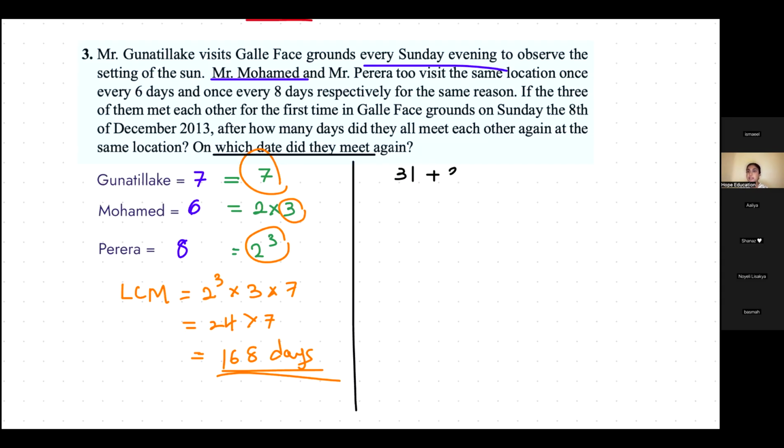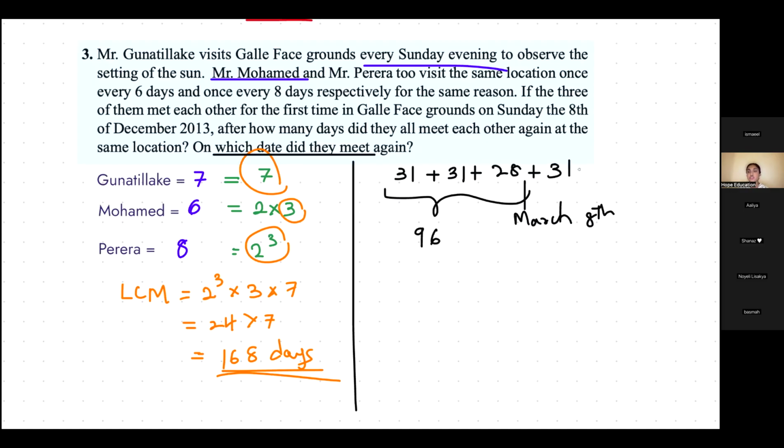February 8th to March 8th, that's 28 days. Until March 8th, how much do we have here? 31 is 62, 62, 72, 82, 96. Then March 8th to April 8th, we have another 31 days.